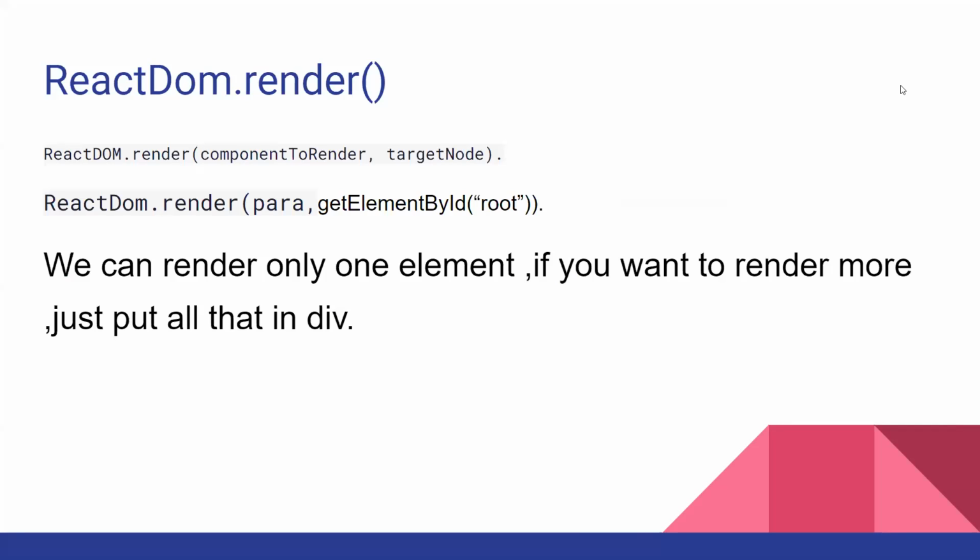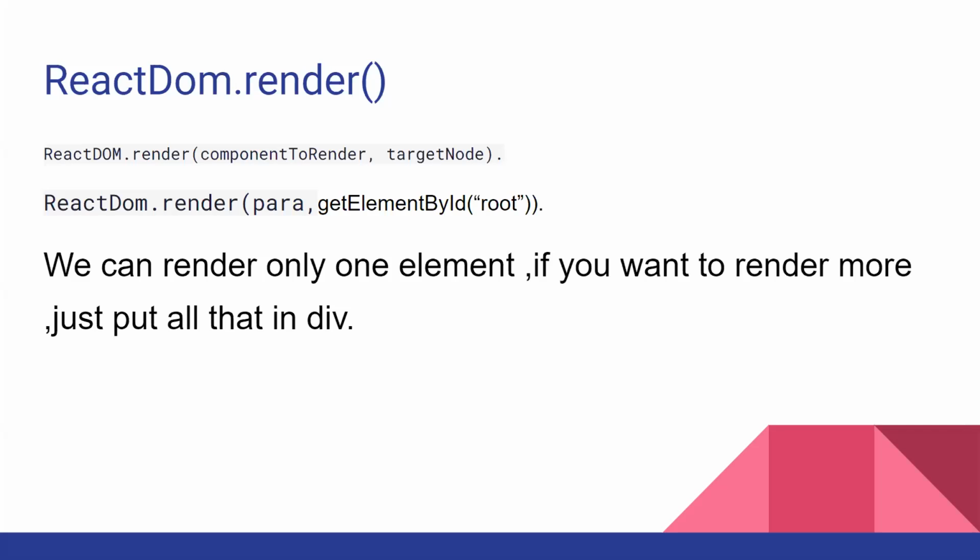The syntax is quite simple. The component which you want to render will be the first argument, and the node in which you want to render that component will be the second argument.